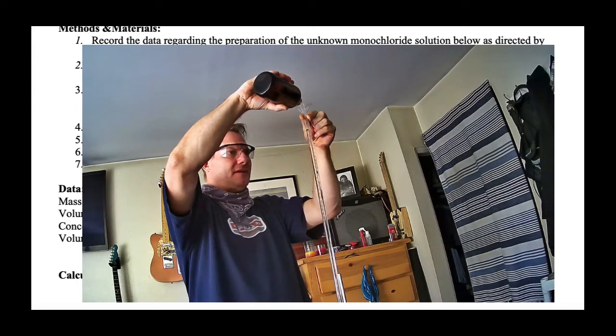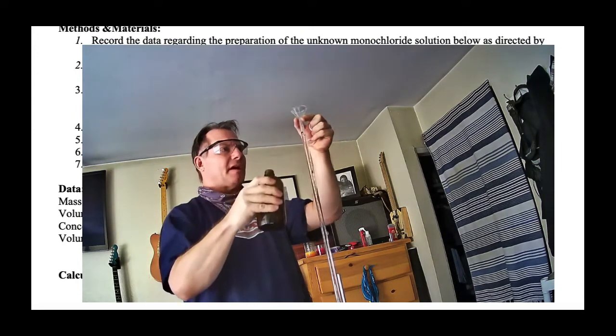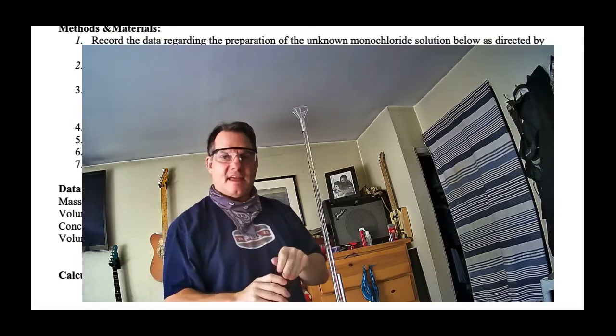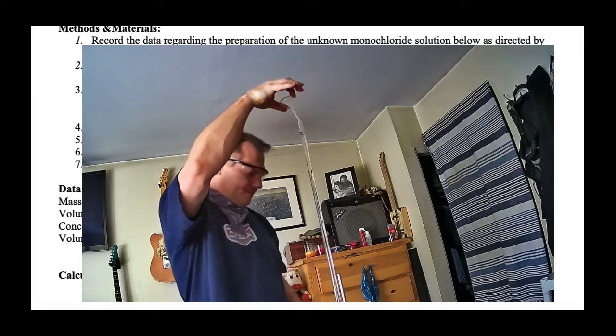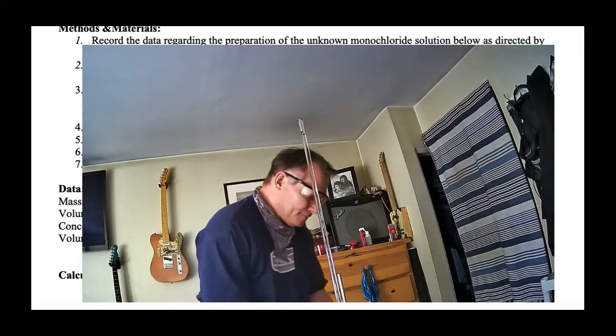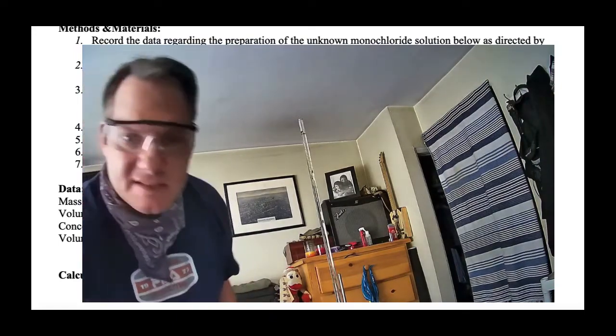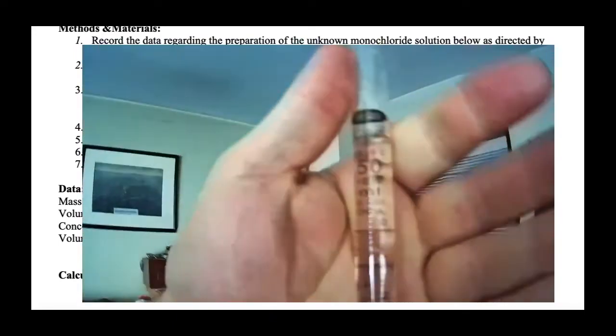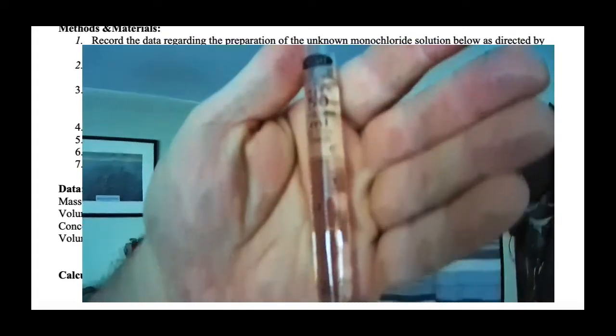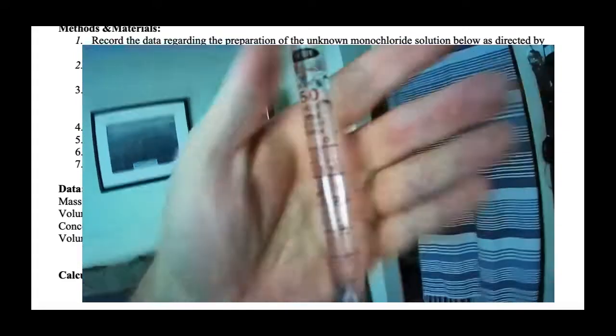But I really don't want that. So what I'm going to do is fill it up past the 0 mark here, and then remove my funnel carefully. And I'm going to release the valve until I end up with the meniscus right at the 0 mark.